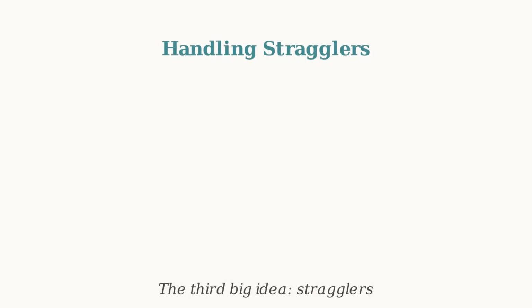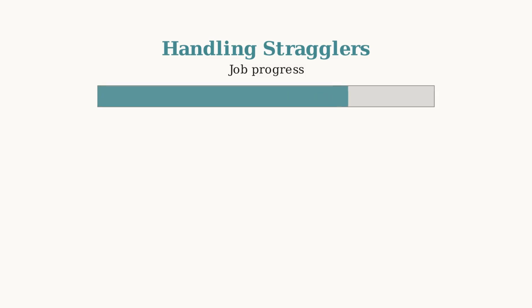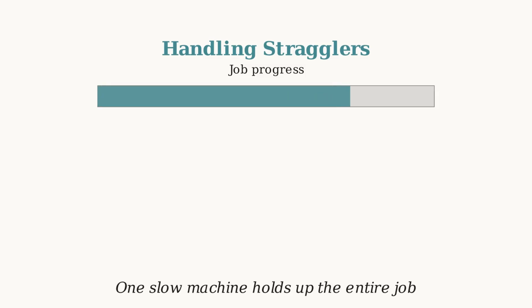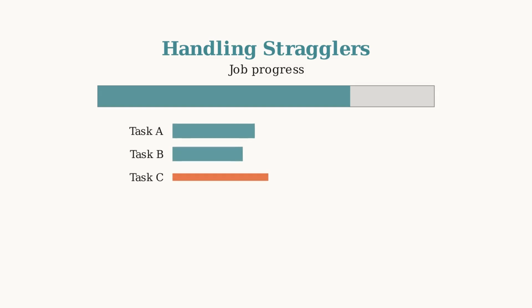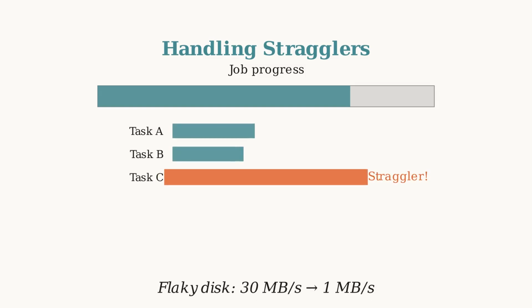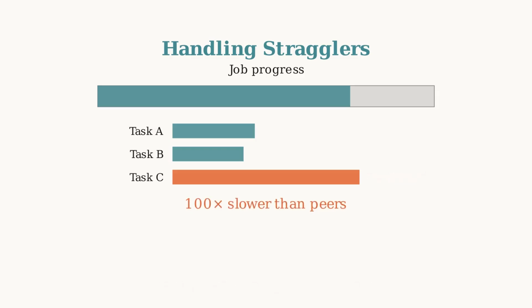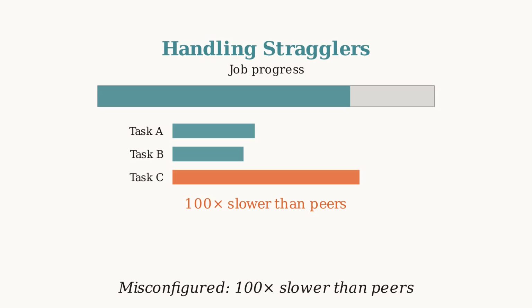The third big idea addresses stragglers. Near the end of a job, one slow machine can hold up the entire computation while everyone else waits. A flaky disk drops read speed from 30 megabytes per second down to 1. A misconfigured machine runs 100 times slower than its peers. The fix is elegant.